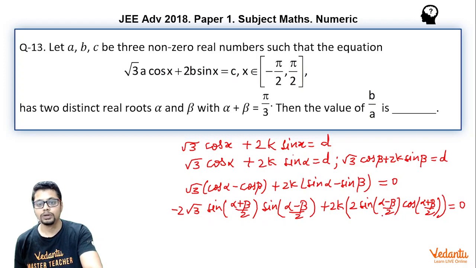equal to 0. Now we know alpha plus beta is pi by 3. So (alpha plus beta) divided by 2 is pi by 6. Sin pi by 6 is half, so I am left with this.